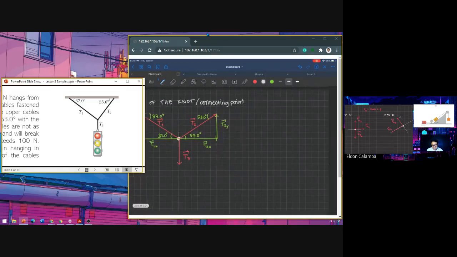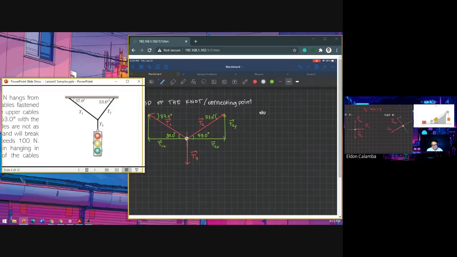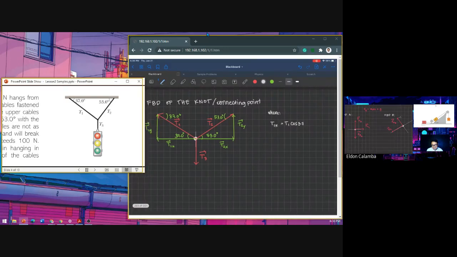So, where muna tayo dito? Ayan. With respect to 37, si T1x is adjacent side ngayon. So, mag-cosine tayo. So, this is T1x equal to T1 cosine 37. And with respect to 37, si T1y is the opposite side. So, T1y is equal to T1 sine 37.